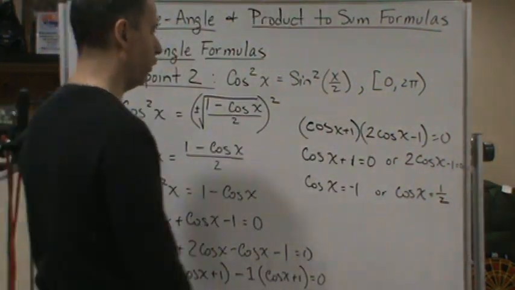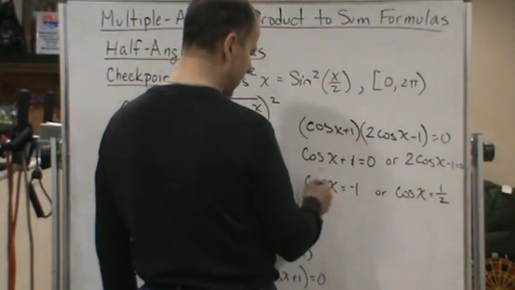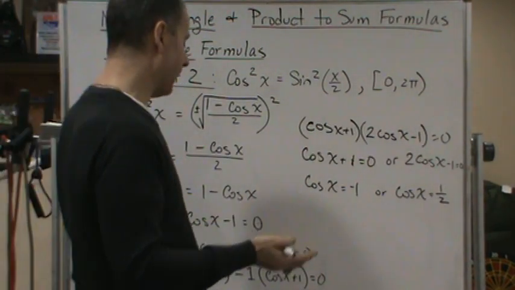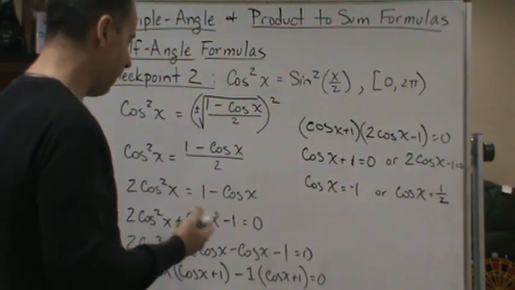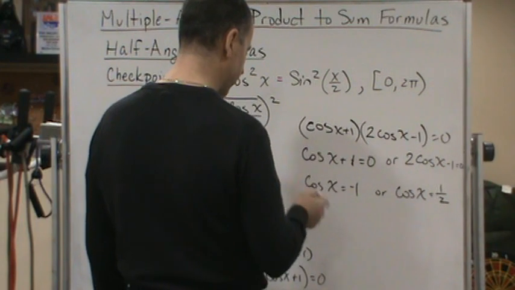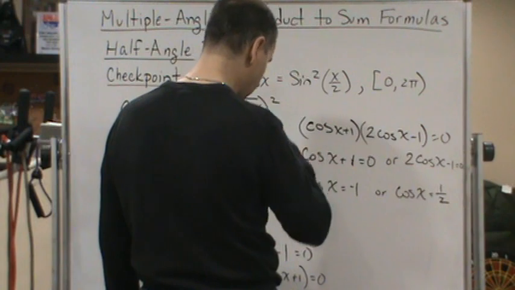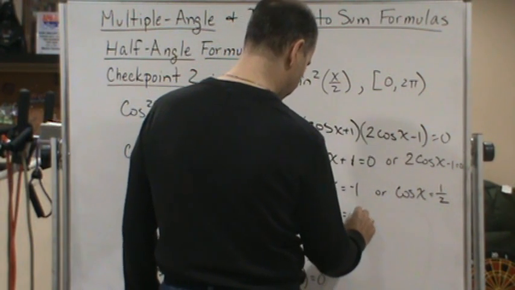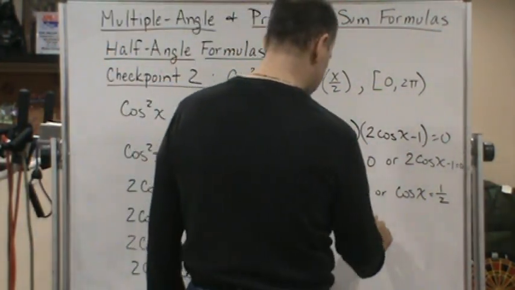So on the interval from 0 to 2 pi, what values can I use? Well, cosine is negative 1 for what angle? Okay, that's going to be at pi, right? Yes. So that means x is equal to pi. And what else will work?